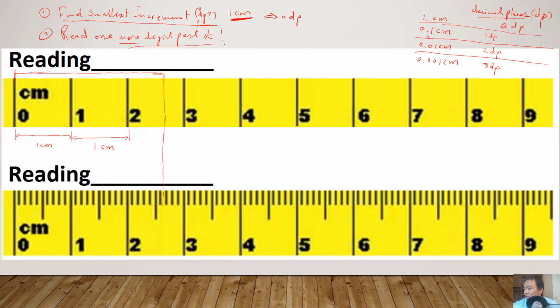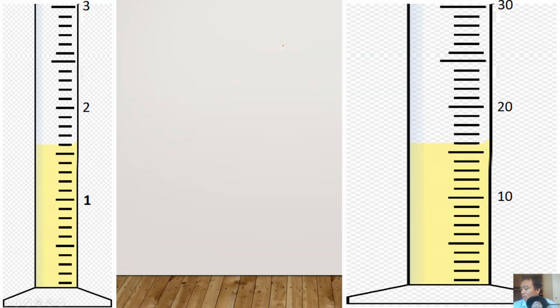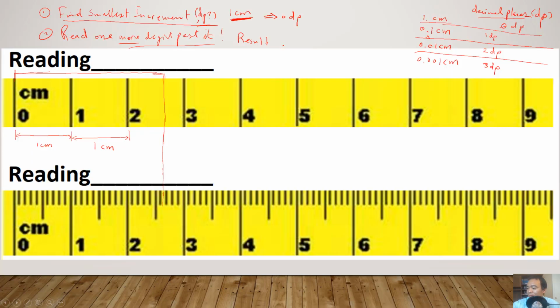And you read 1 more digit to it. So you do know your result. Your result will have 1 more dp, which means your result will have 1 decimal place. So before you read anything, you know the format you should be recording.